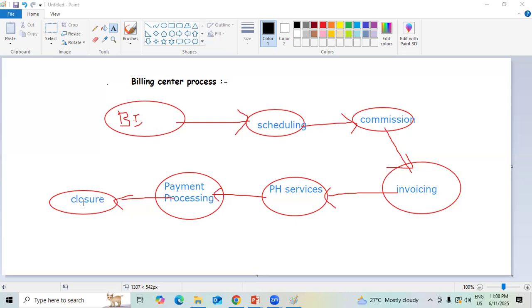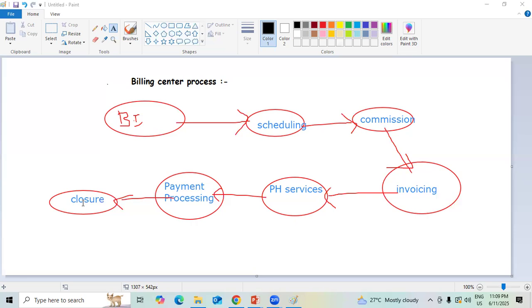From the functional perspective, when we are working on Guidewire Billing Center, this is the process that we must know, so that any functional requirements to be added to the existing ones, or any changes, can be made. For example, if the commissioning structure changes, the percentage may be different, or the algorithm used to calculate the commission can be different.